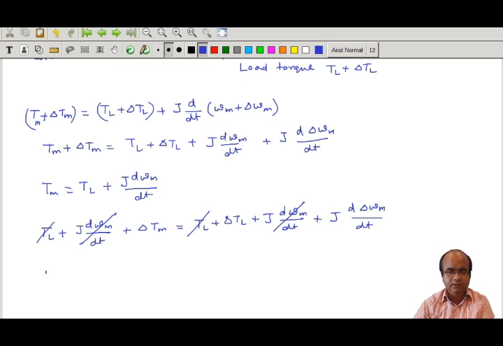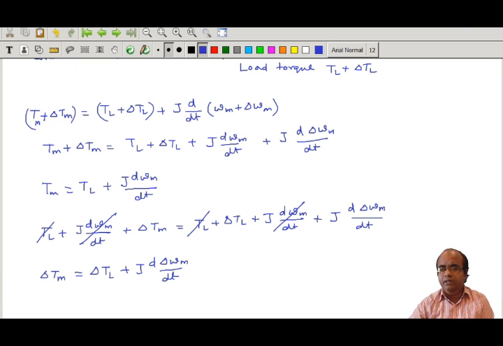The remaining terms are: delta Tm equals delta TL plus J d delta omega m dt.